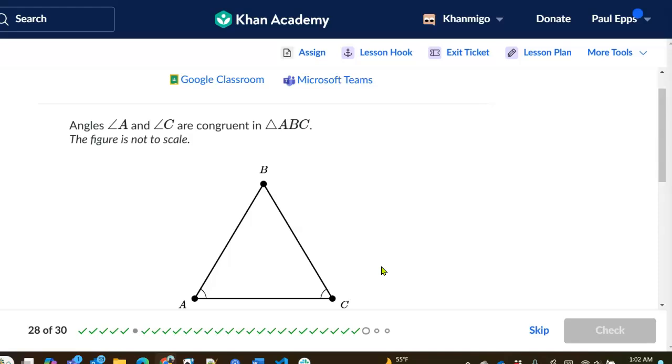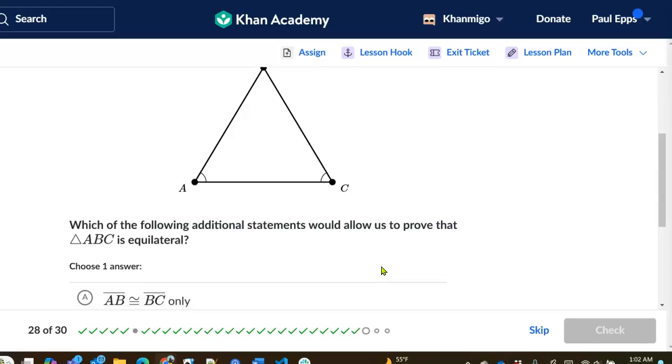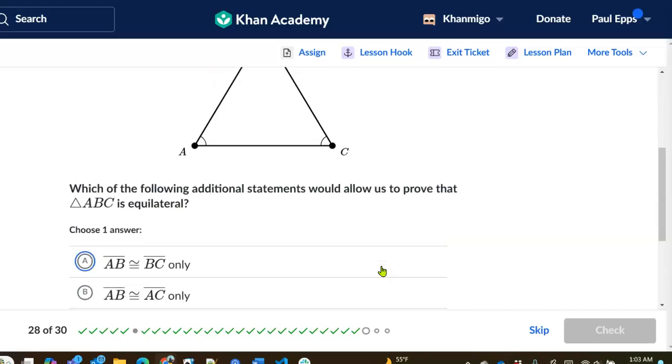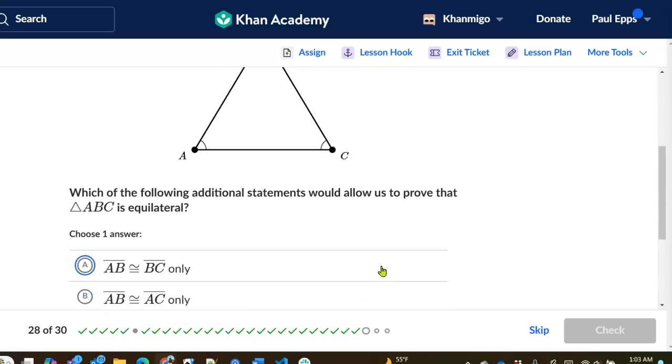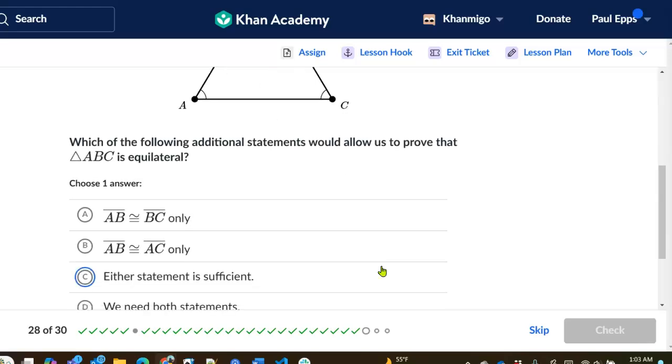Okay. Angles A and C are congruent in ABC. The figure is not to scale. Which of the following additional statements would allow us to prove that ABC is equilateral? AB is congruent to BC.